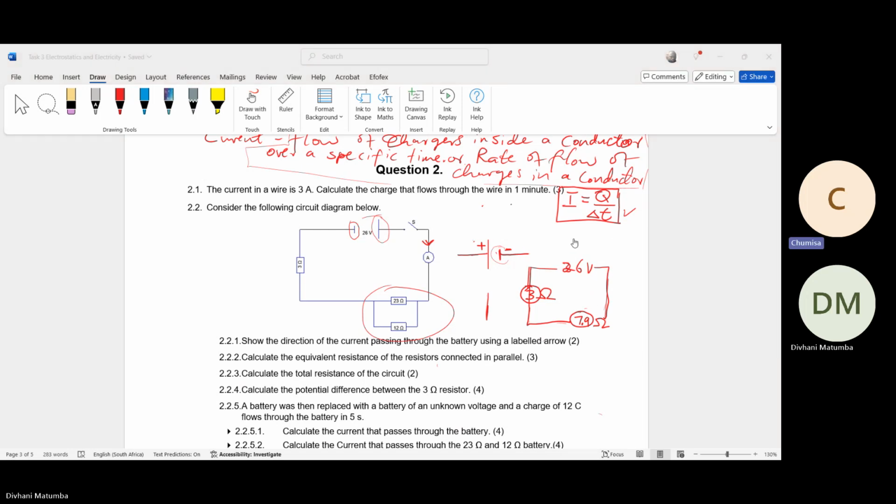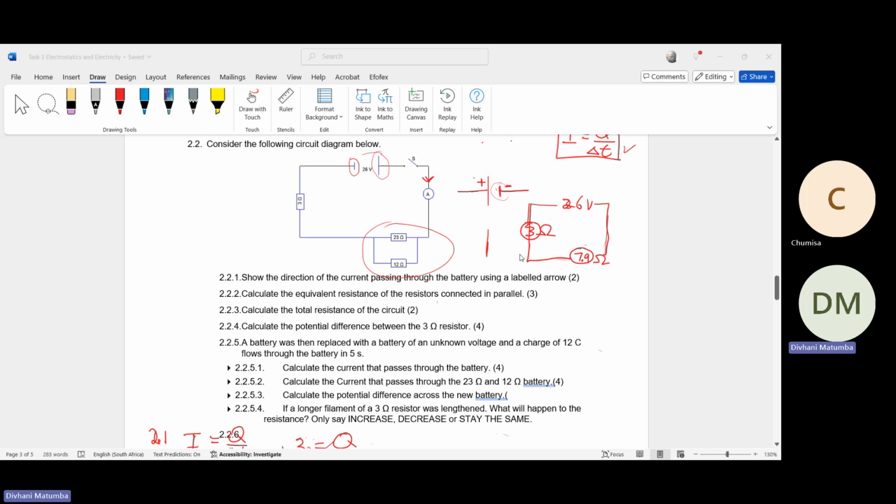It was 1 over RT is equal to 1 over R1 plus 1 over R2. Yes, that's perfect. Parallel connection, 1 over RT equals 1 over R1 plus 1 over R2 plus 1 over R3 if there is resistor number 3.